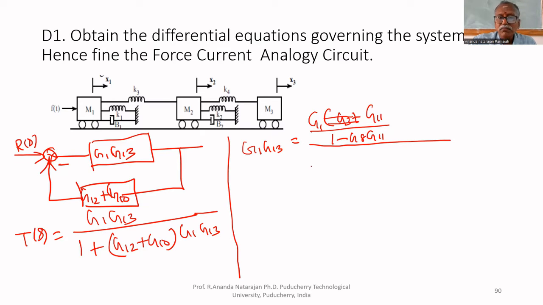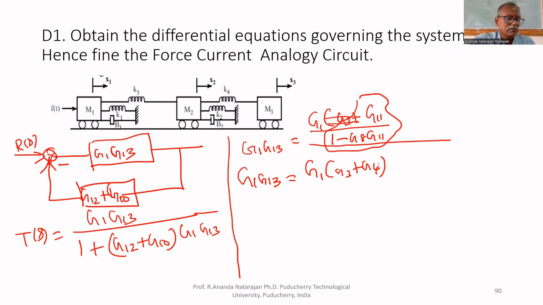G1 G13 equal to what? G13 is G11 upon 1 minus G8 G11. Now we can substitute G11 here. G1 G13 equal to G1 times G11, where G11 is G3 plus G4 multiplied by G9, whole divided by 1 minus G8 times G3 plus G4 multiplied by G9.